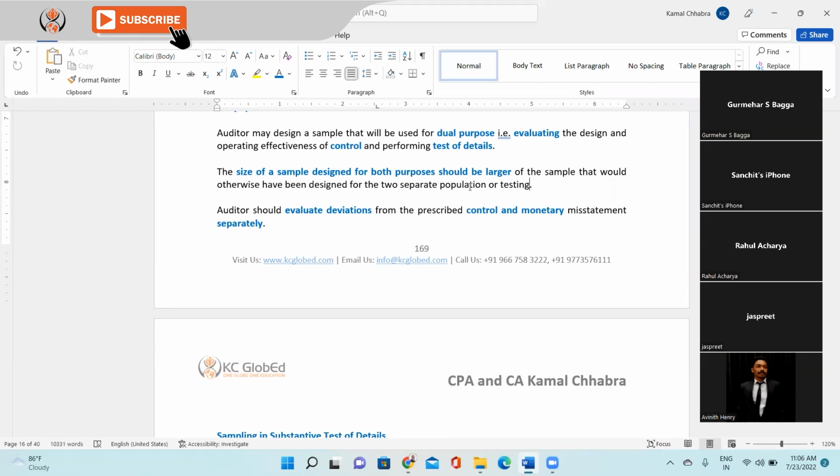Auditor should evaluate the deviation from prescribed control and monetary misstatement separately. So here, if you found any mistakes in attribute, then it will go into the test of control. If you found any misstatement in value, then it will go to the test of detail.